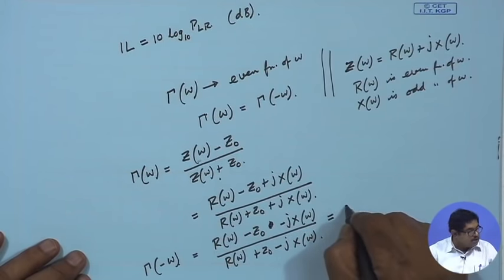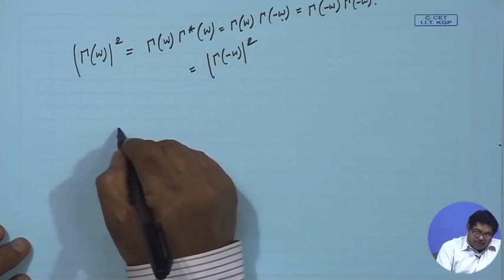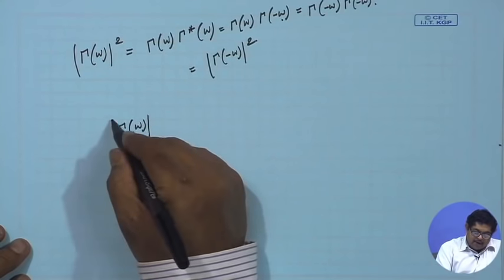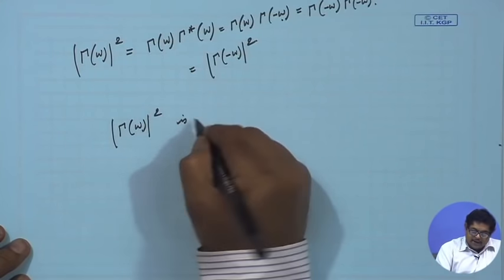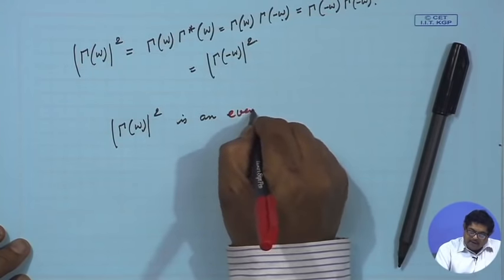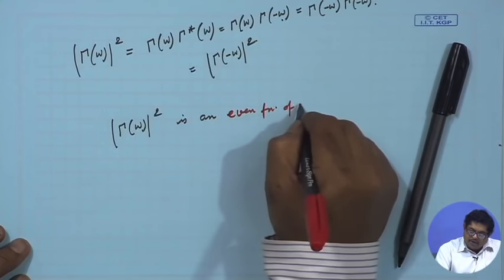So, I can write it as gamma minus omega whole square, because I can replace this with gamma of minus omega and gamma of minus omega. So, that is gamma minus omega whole square. You see the property that gamma omega whole square is an even function of omega.